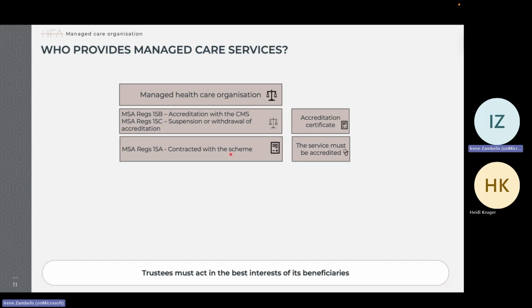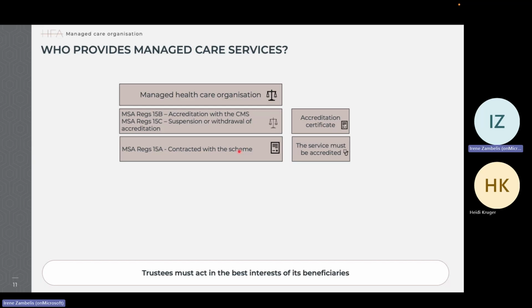This contract is very important because it needs to itemize what the services are that will be provided and at what cost the scheme is going to pay for those services, and how will they measure the effectiveness of the program. It's important that one goes into that detail.